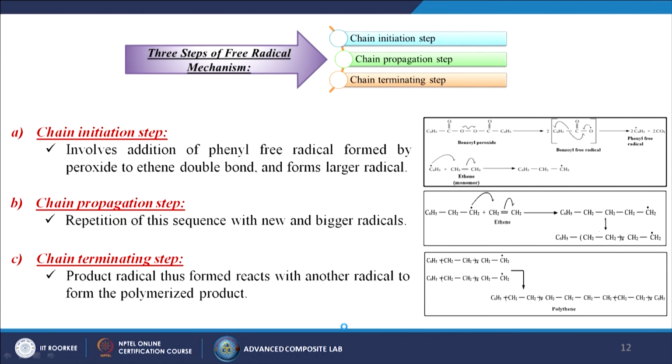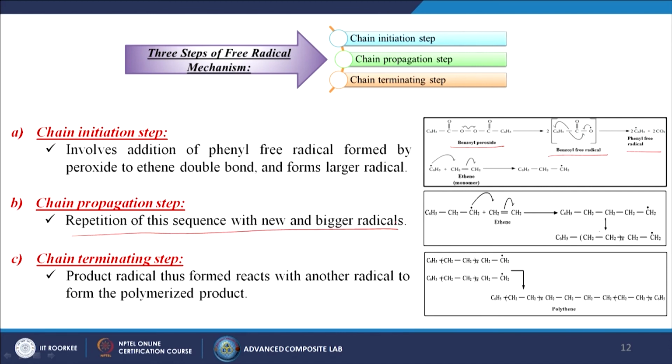So, what is the chain initiation step? In this case, it involves addition of phenyl free radicals formed by peroxide to the ethene double bond and forms the larger radicals. So, first it was benzoyl peroxide, then we make benzoyl free radical, then phenyl free radicals, and then we use them with ethene as a monomer. When we talk about the chain propagation step, whatever product we have prepared, now we try to increase the growth of that particular mass.